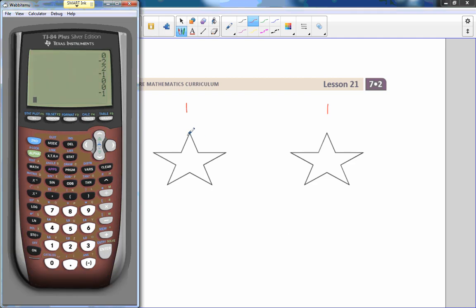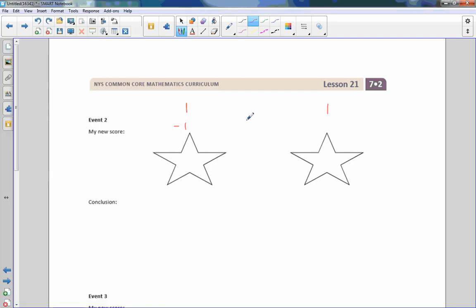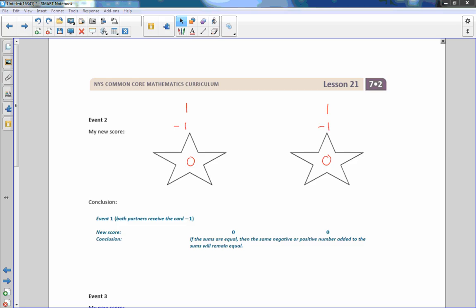So I'm going to combine my original score with this -1. If I add -1 to 1 on this one, I get 0. If I add -1 to 1 over here, I get 0. So event 1: both partners received the card -1.